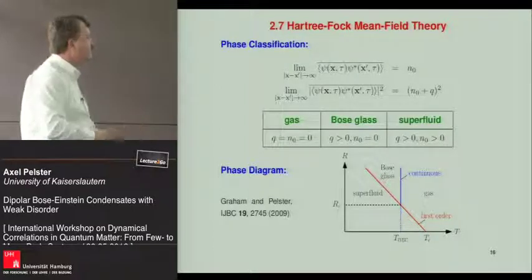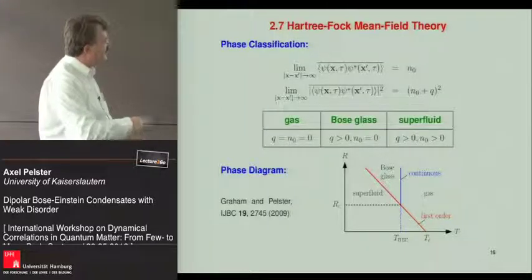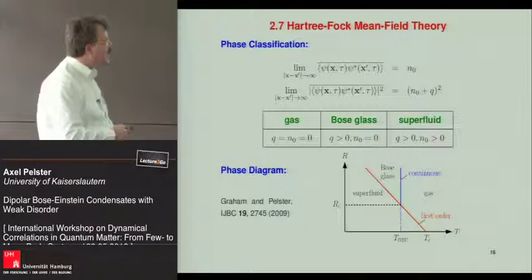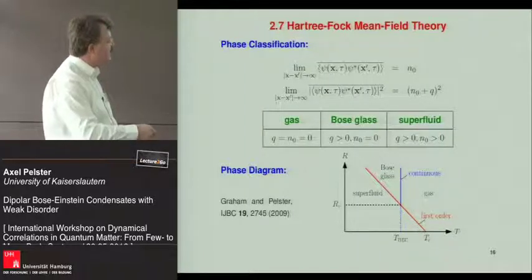And to make a long story short, the qualitative picture for the phase diagram looks like this for delta-like disorder correlation. So here is the strength of the disorder, here's the temperature. If the disorder strength is small enough, you still have the usual case that the gas goes into a superfluid.